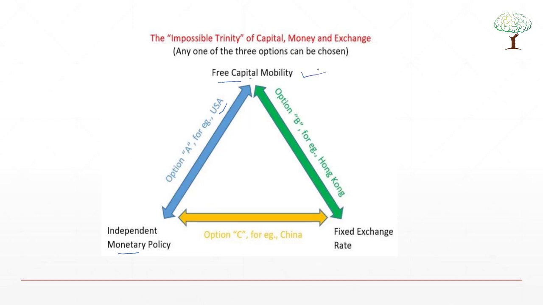If you look at Hong Kong, it definitely has free capital mobility, right? It has fixed exchange rate because it derives the value of the yuan, the CNH, from the Chinese mainland central bank policies. But then it loses its monetary policy because the Chinese central bank dictates what Hong Kong will endure in terms of money supply, in terms of interest rates.